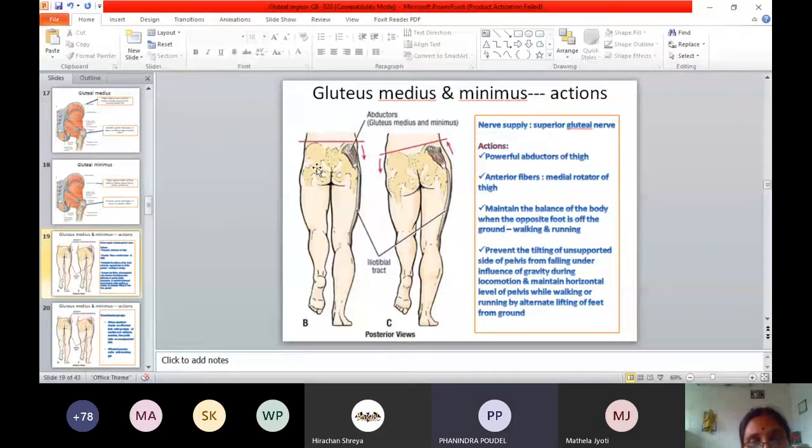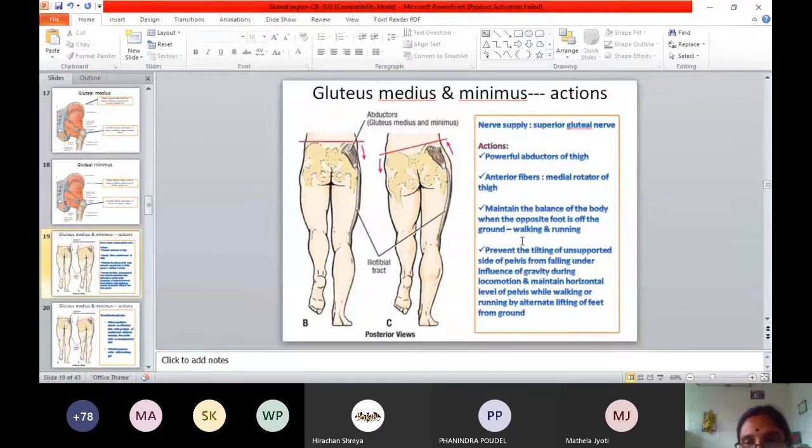But it is prevented by the contraction of the gluteus medius and minimus of the opposite side. This is how it maintains locomotion, and maintains the horizontal level of the pelvis while walking and running by alternate lifting of the feet from the ground.